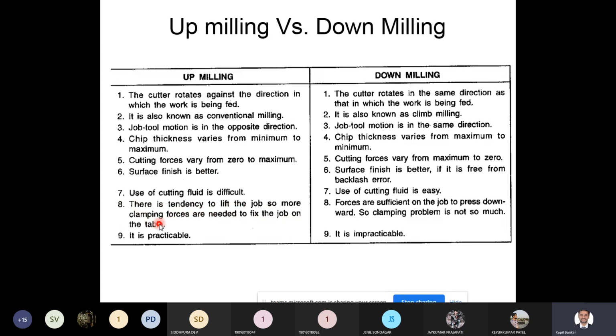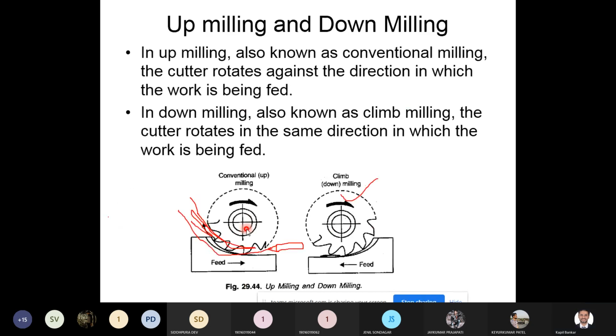As I told you, due to this upward movement of the cutter, it will tend to lift your workpiece. So you need to tighten or fix your workpiece rigidly on the table because of the upward forces.